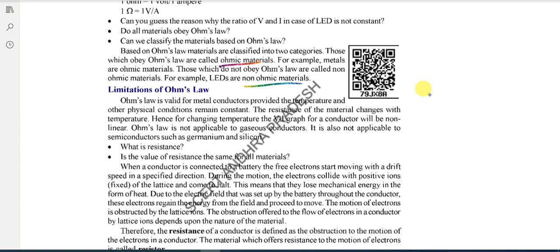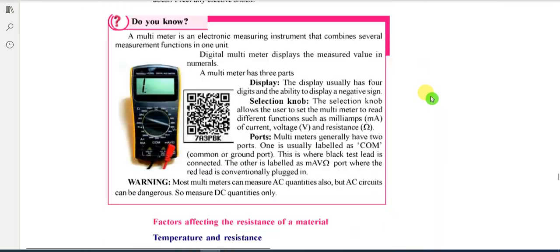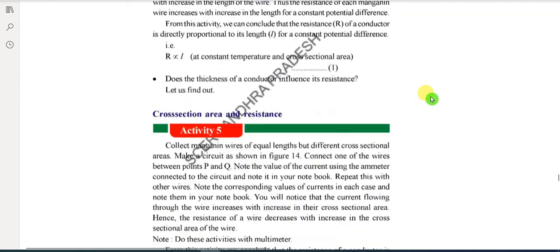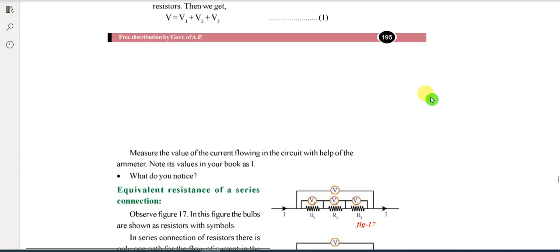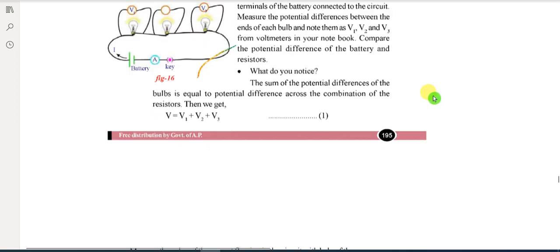Example, metals. Non-ohmic materials do not obey Ohm's law. Okay, example, diodes. And series and parallel, so it's also important.